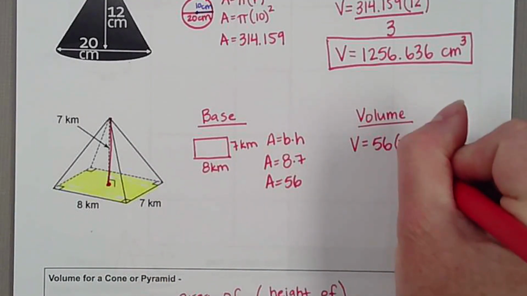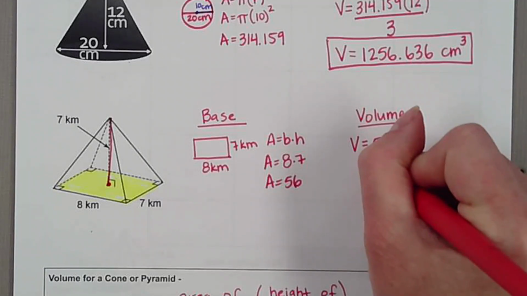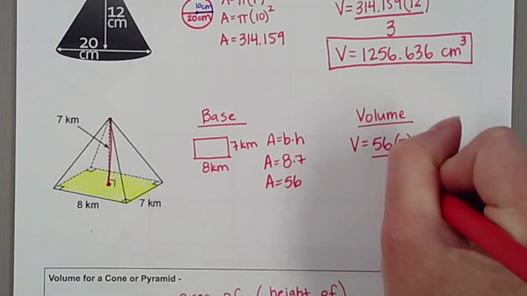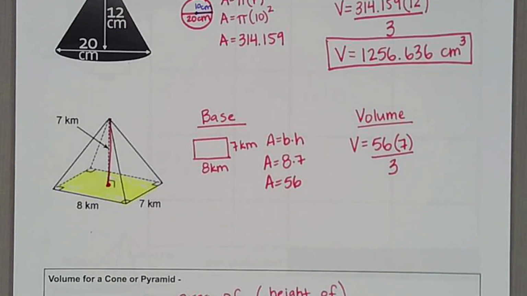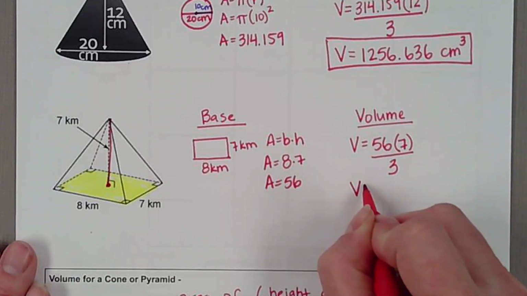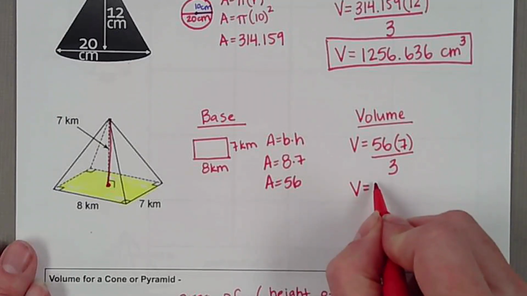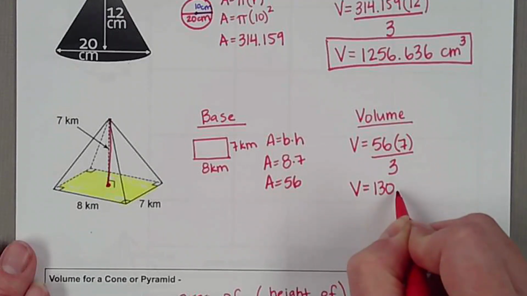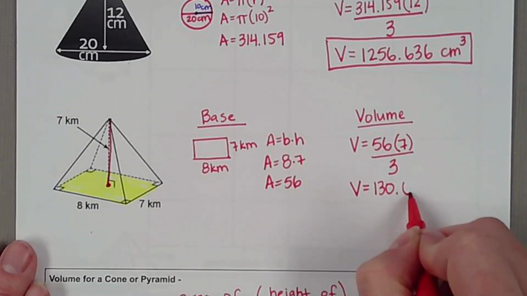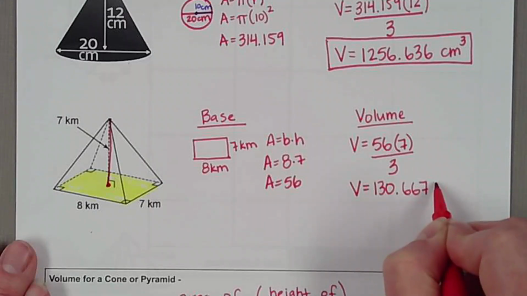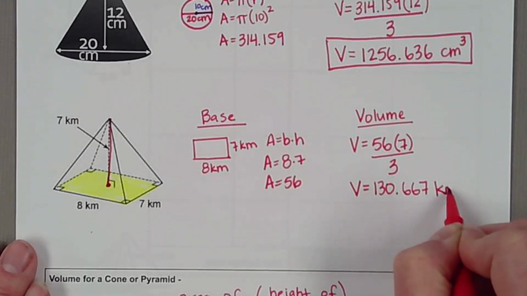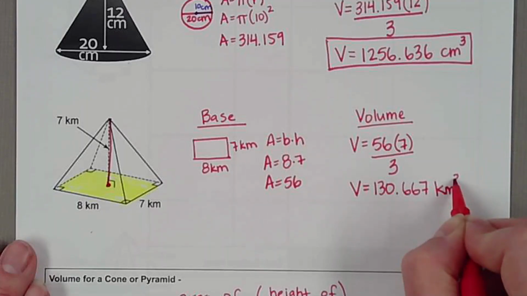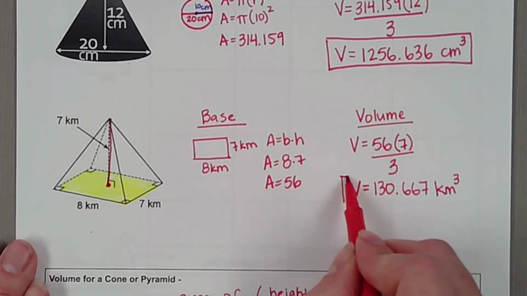So the 7 is my height, but then because it's a pyramid, not a prism, I have to divide by 3. When I put that in my calculator, 56 times 7 divided by 3, I got 130.667. My units are kilometers, but then because it's volume, I have to do cubed.